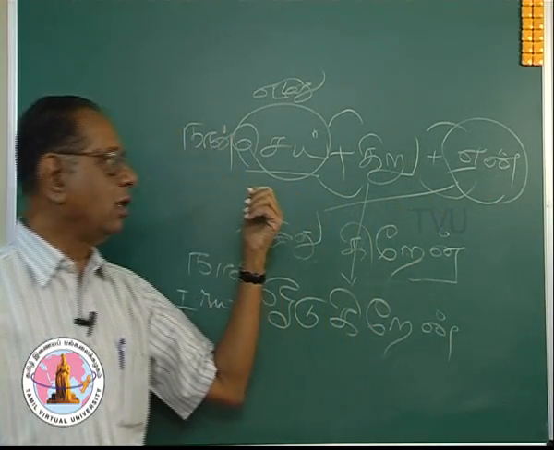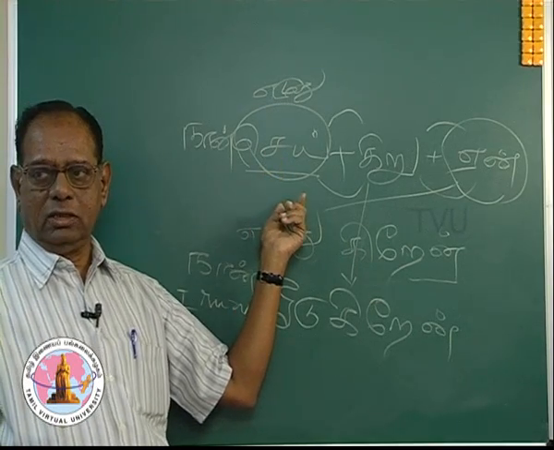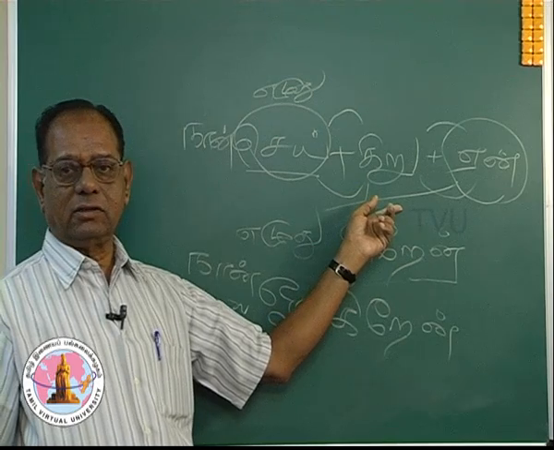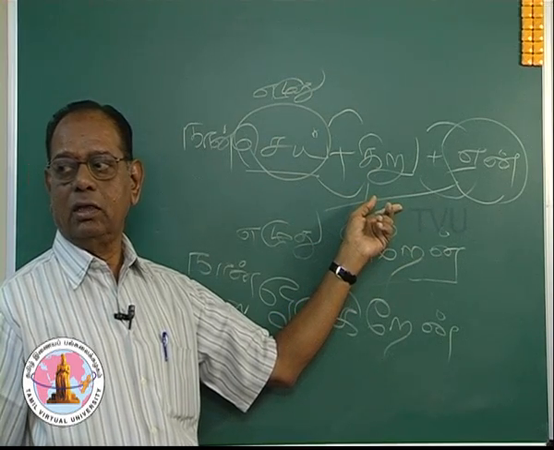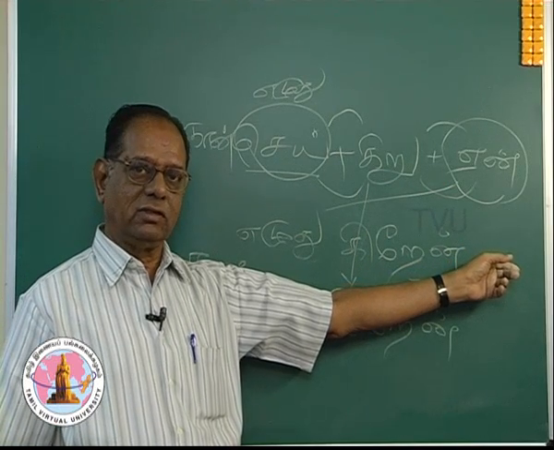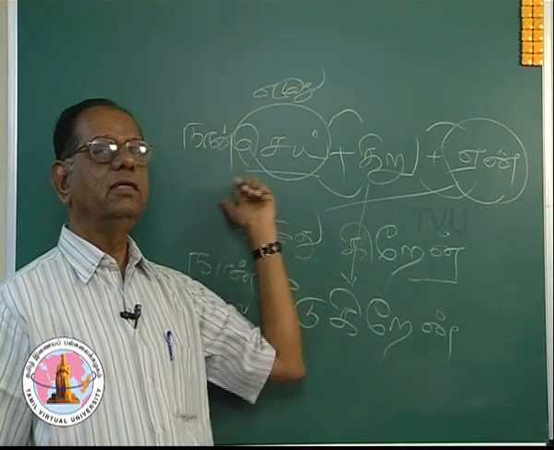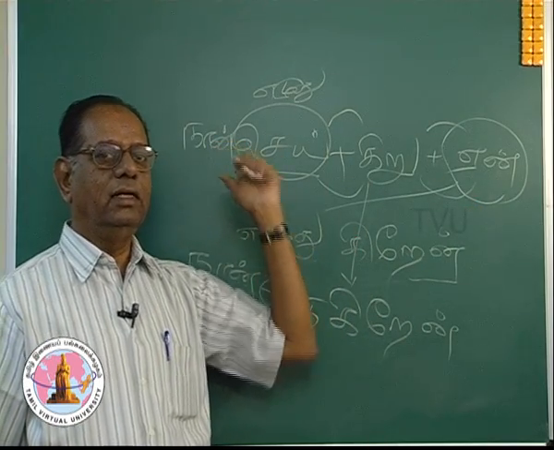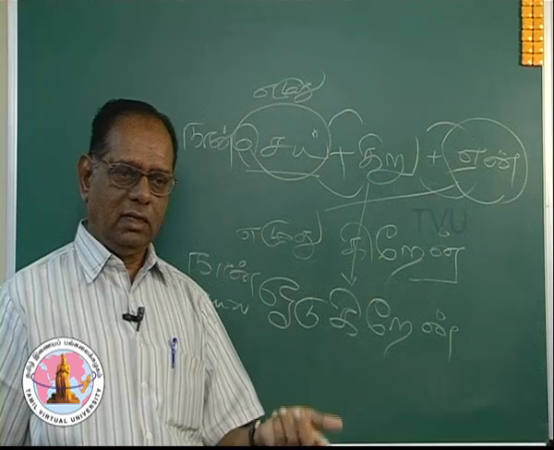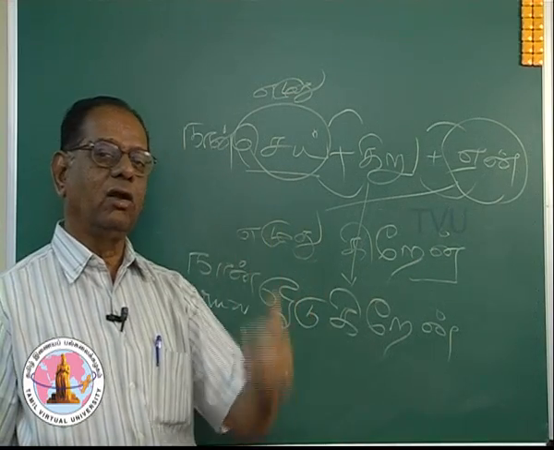Number one, the root of the verb, or the verbal root, which denotes the action. The first suffix stands for the tense and the second suffix is for the subject. It denotes the person, number and in third person the gender also.